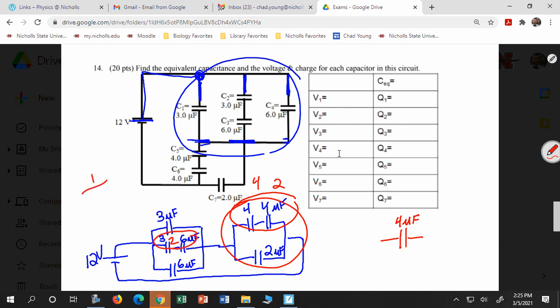And then I have a 3, a 6, and a 2. 1 over 3 plus 1 over 6 plus 1 over 2. That's 2 over 6 plus 1 over 6 plus 3 over 6. 2 plus 1 plus 3, that's 6 over 6. That's 1. So this is my near finished. Didn't I do that right? Yeah. I have a 1 microfarad and a 4 microfarad.